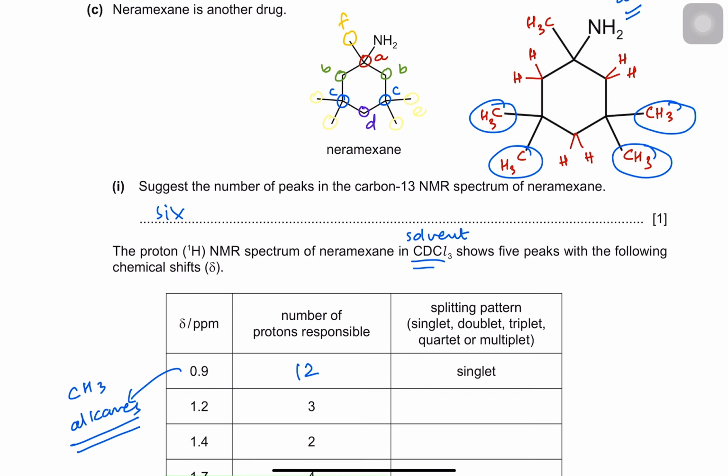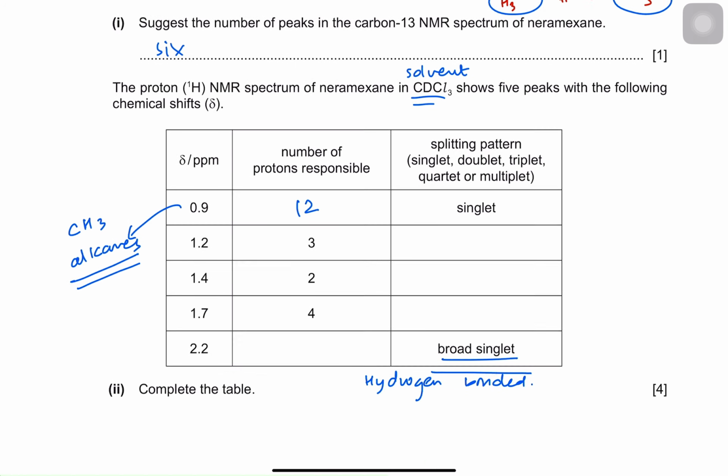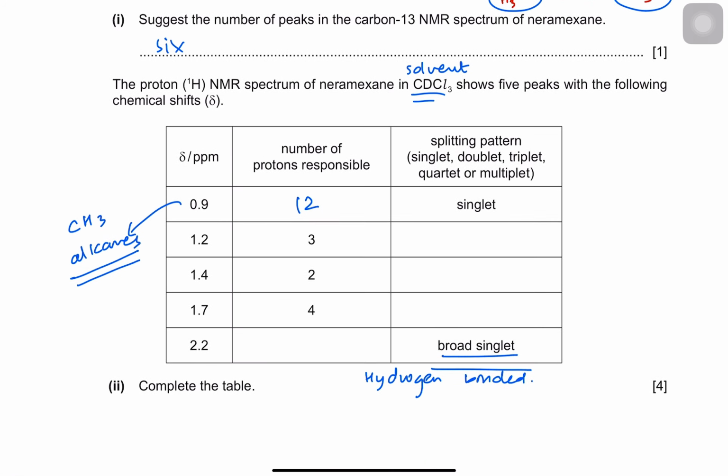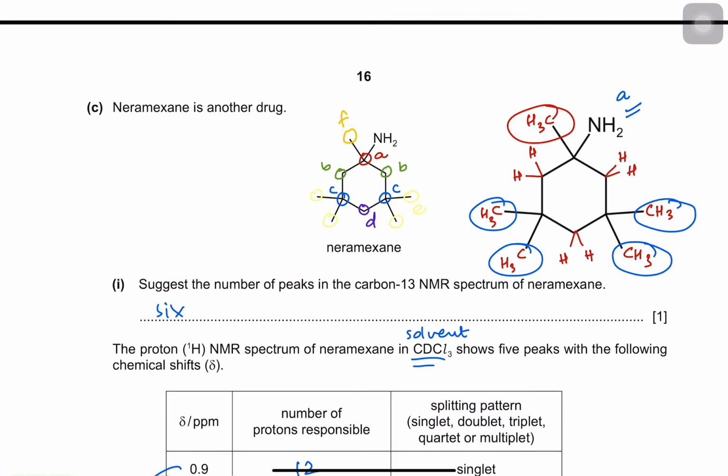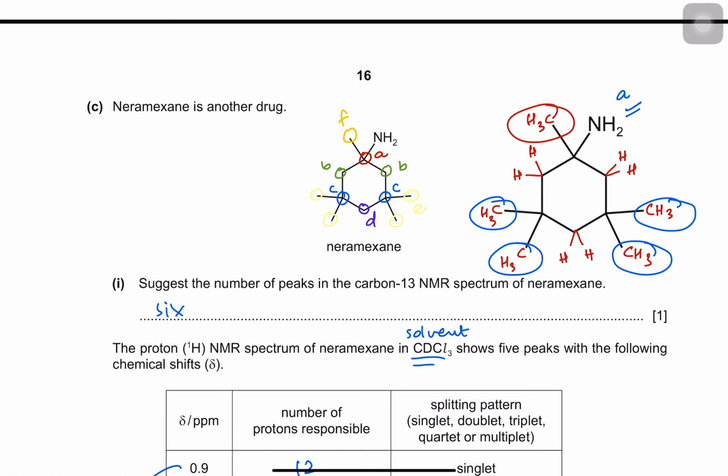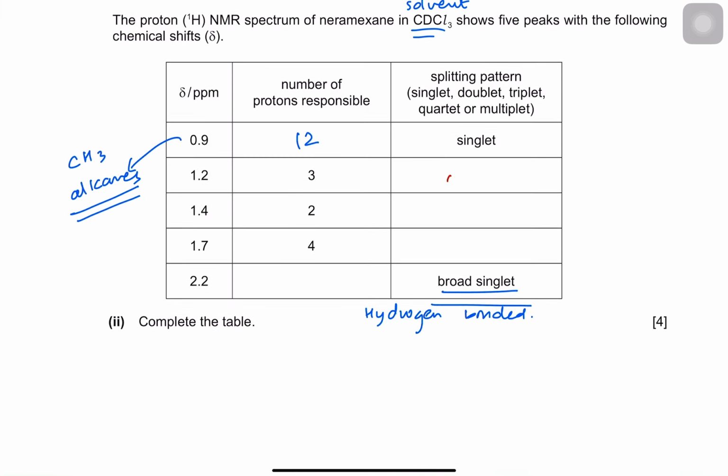Okay, we have 3 protons here, so this is this one. And what splitting will I get? The next carbon has no hydrogens on it, so singlet. There's no proton on the adjacent carbon, so it gets a singlet.